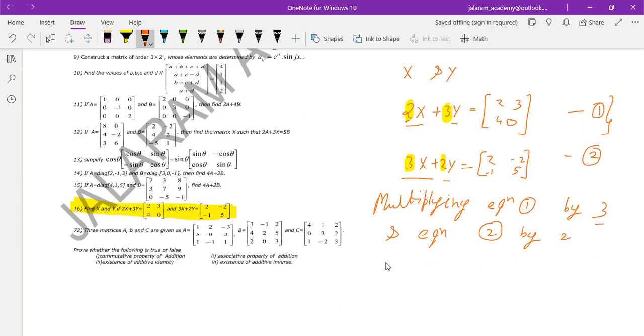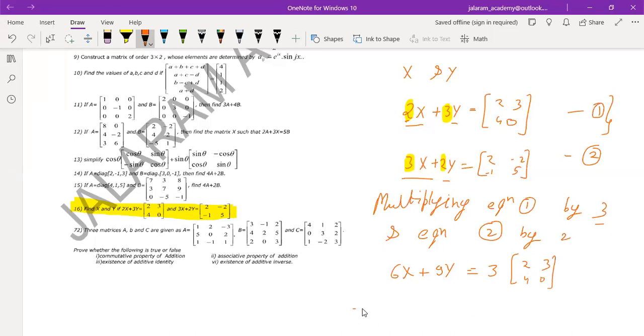Number 3: 3 2s are 6x plus 3 3s are 9y, this is capital X, equals to 3 into the matrix 2, 3, 4, 0.